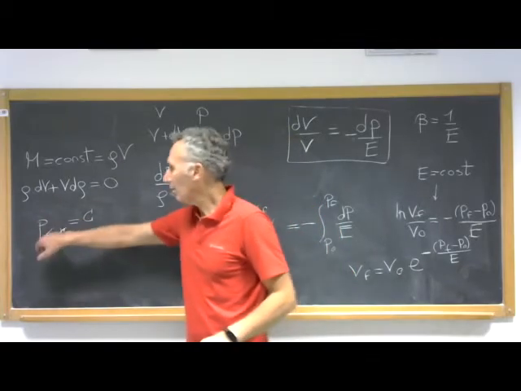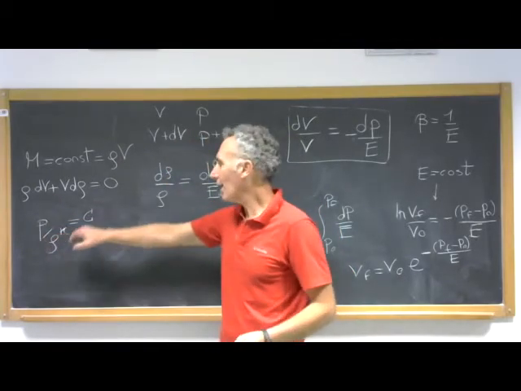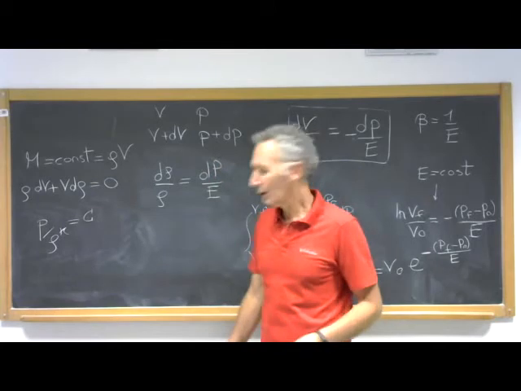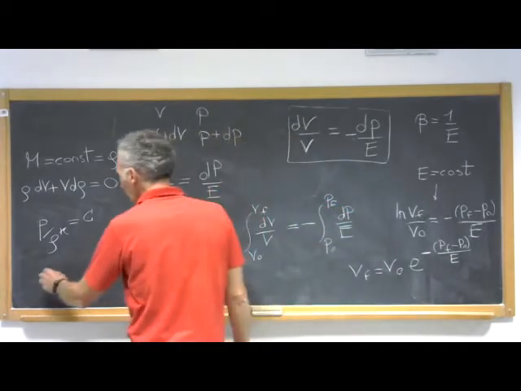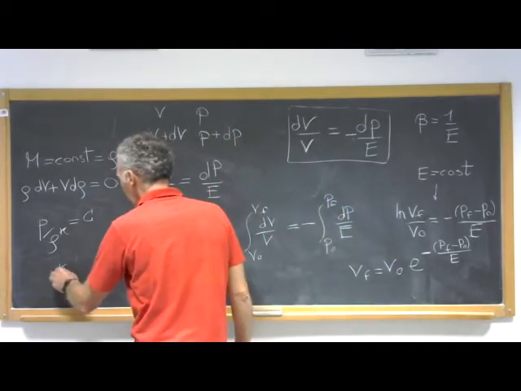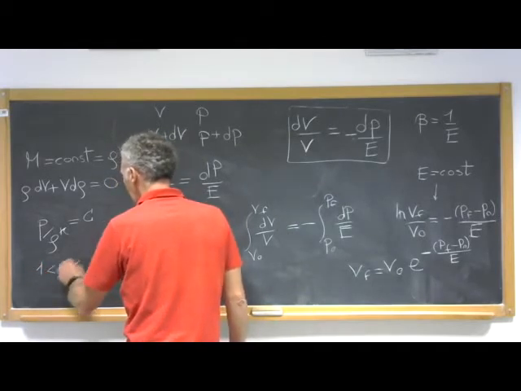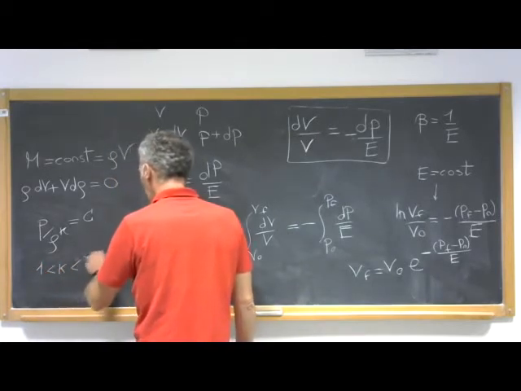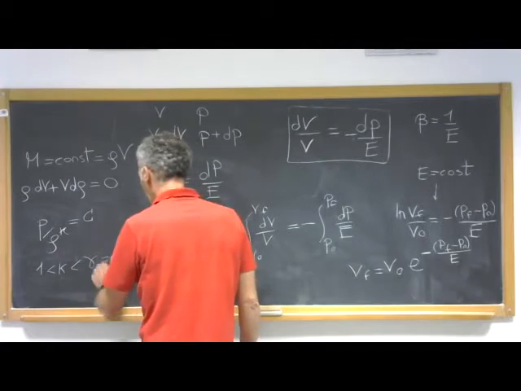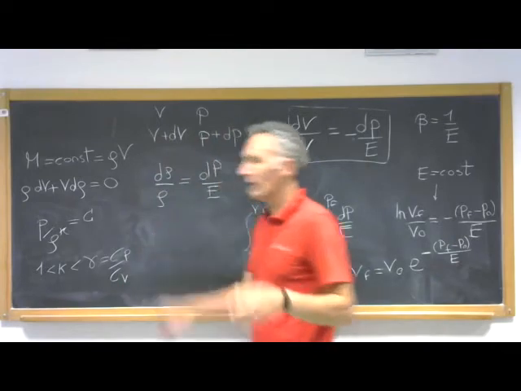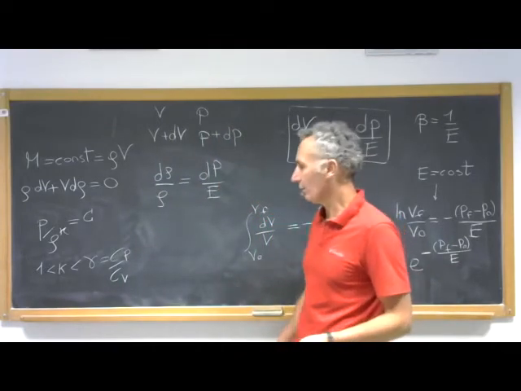So P by rho to the power k is equal to constant. So now, depending on the value of k, which can be in between 1 and gamma, being gamma Cp by Cv, you can recover all feasible transformations.